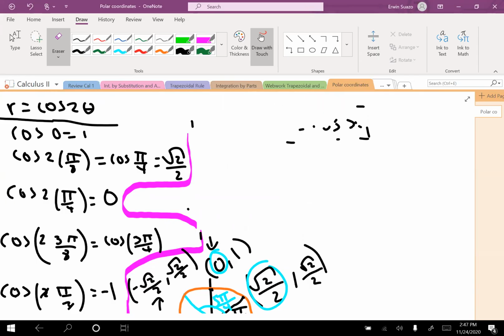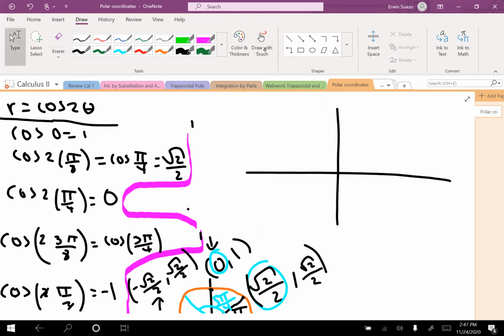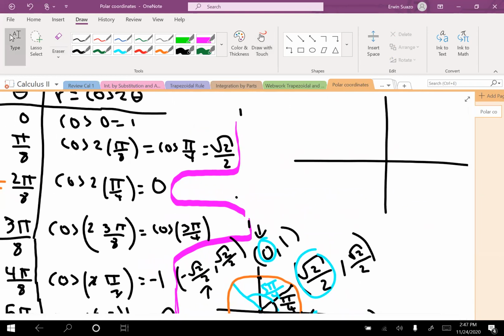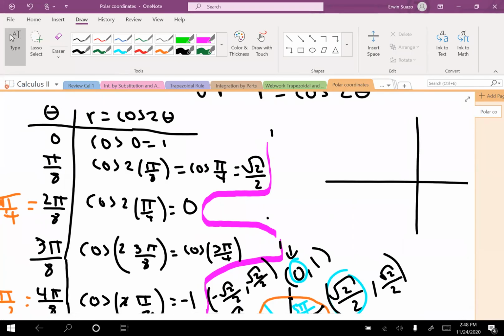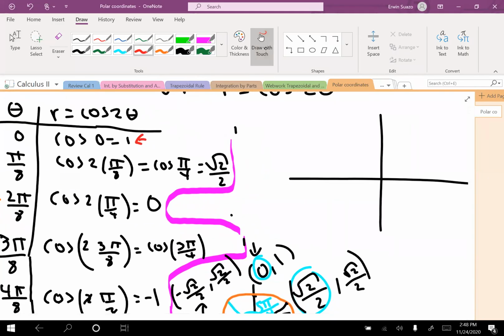So we're going to start plugging these points. Okay, so let's go. My first point is when my angle is 0, my radius is 1. Okay, right here. When my angle is 0, my radius is 1.